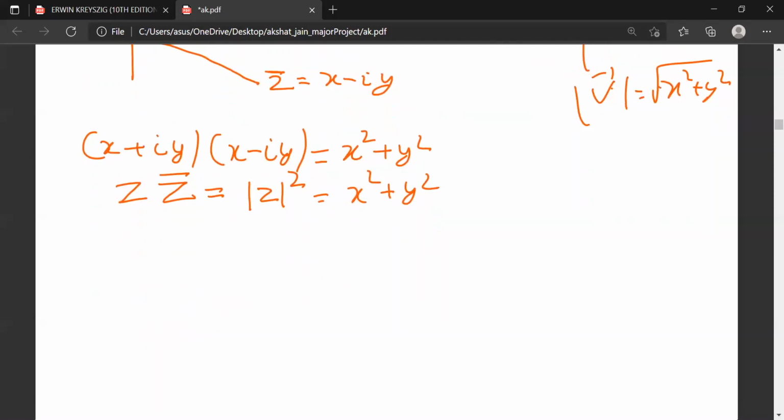Some more good ways. When I add z plus z bar, I get 2x. When I subtract z minus z bar, I get 2y.